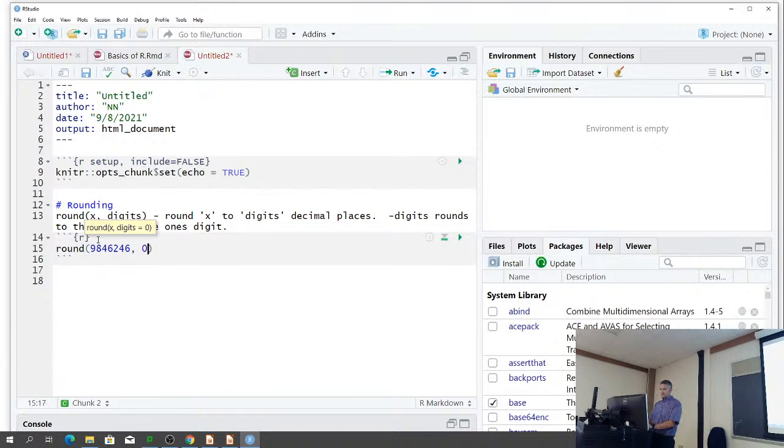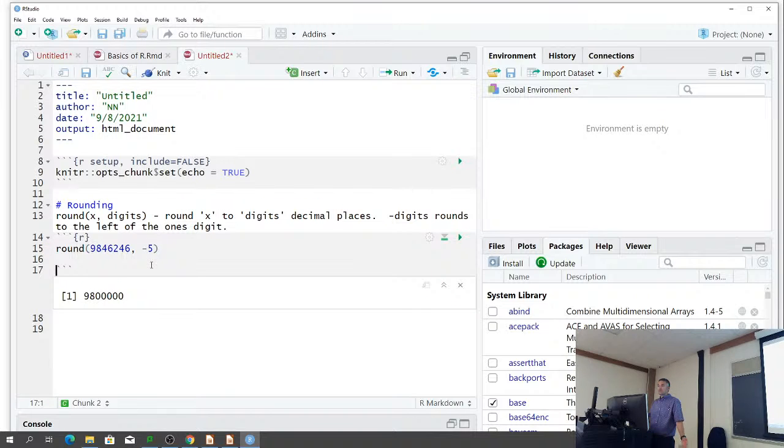If I do digits equal 0 and run it, it rounds to the whole number. If I start going -1, it's going to go to the tens place, -2 goes to hundreds, -3 goes to thousands, -4 goes to 10,000, and so forth.